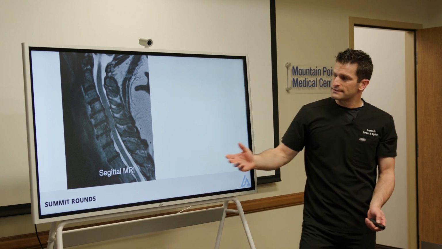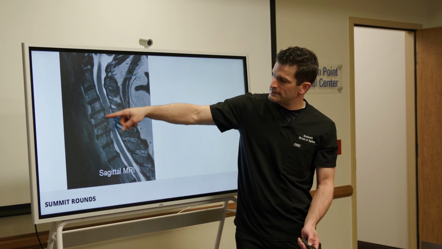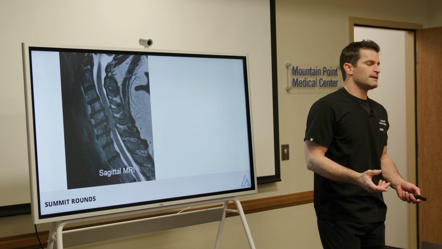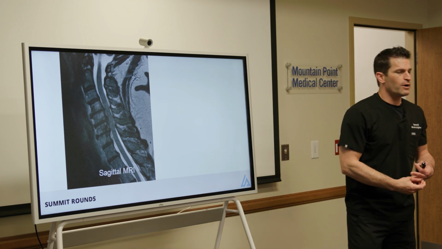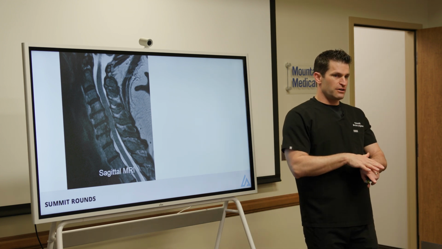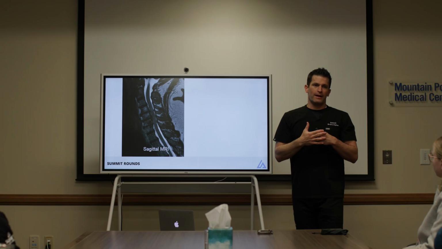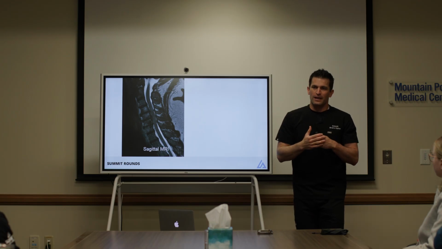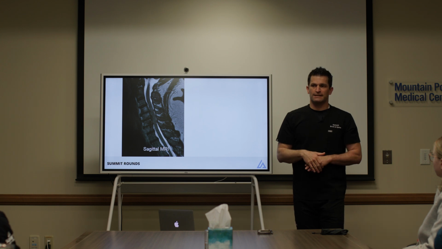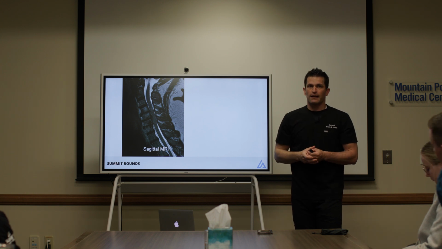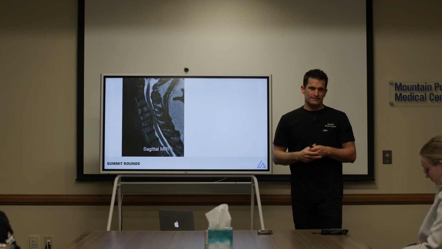I did notice on this that she's got three consecutive degenerated discs. And for the sake of time, what happens when a disc degenerates is the disc height is lost, which we know about, and we get bone on bone. But we also lose lordosis when a disc degenerates, and the body has to compensate for that in some way.